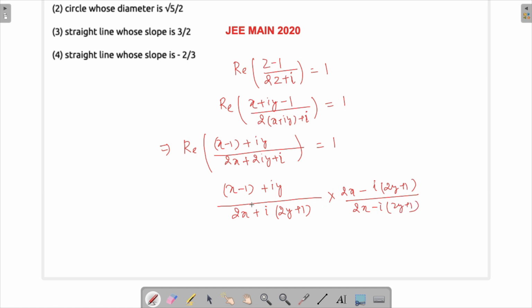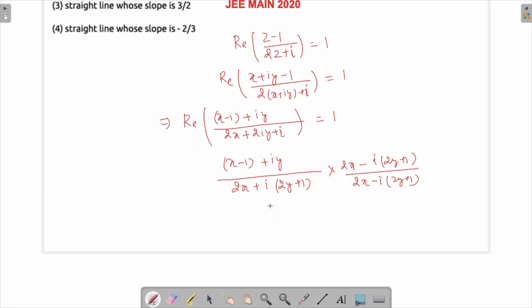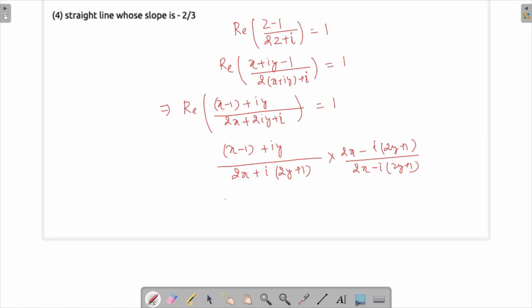We'll multiply this. So actually we only look for the real part, right? So we will multiply this with this and this with this, and then we will get our real part. So first, (x minus 1) into 2x, and then this with this, which will become minus i squared, and then y into (2y plus 1).